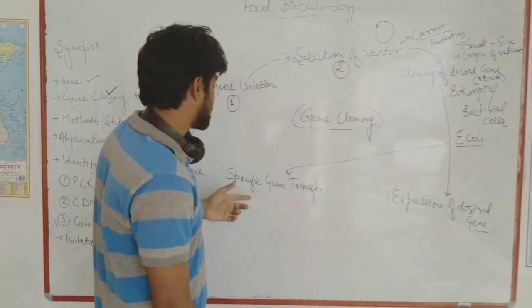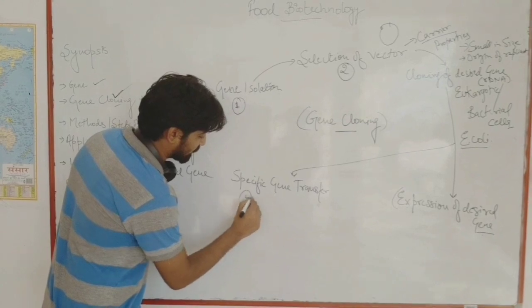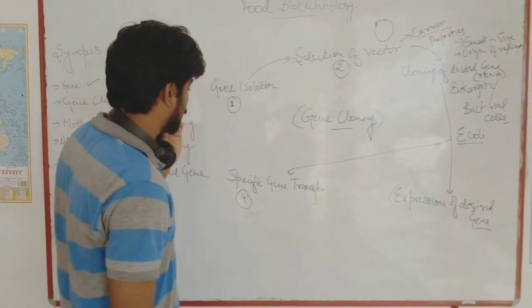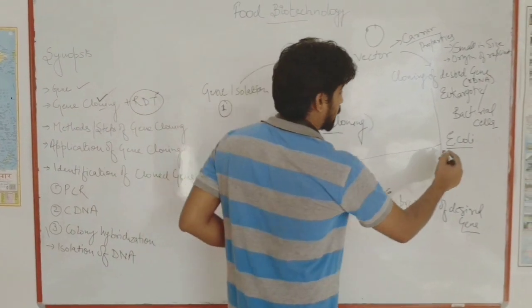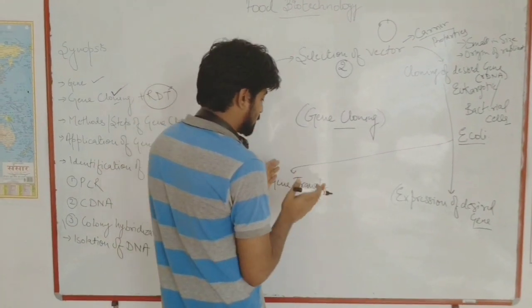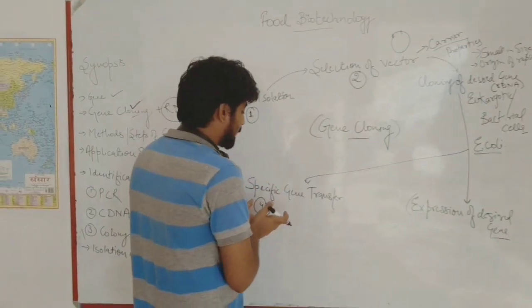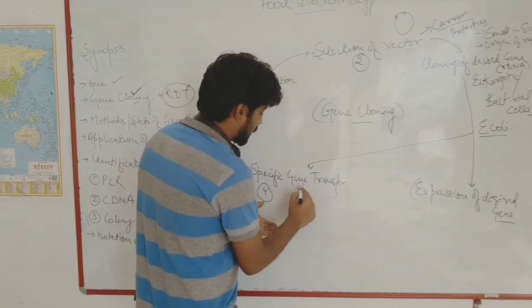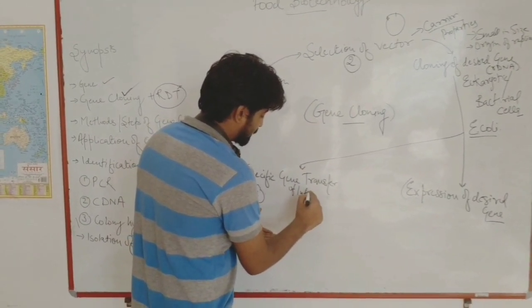After this, the fourth step will be the specific gene transfer. You have to be very specific before transferring those genes, checking whether this sequence is a gene which you are desiring. So this gene is a GOI, gene of interest.